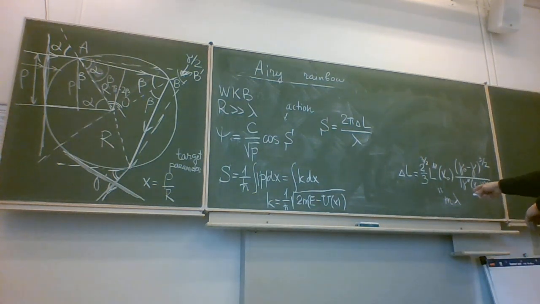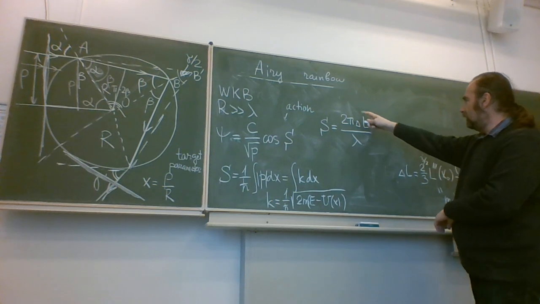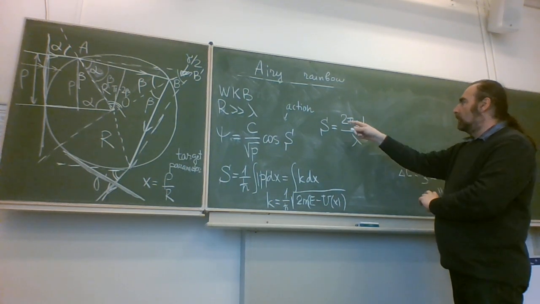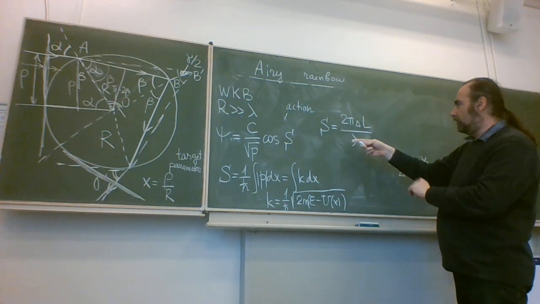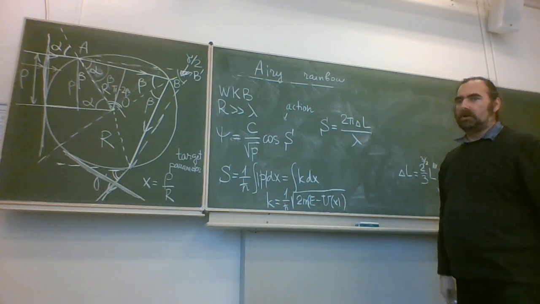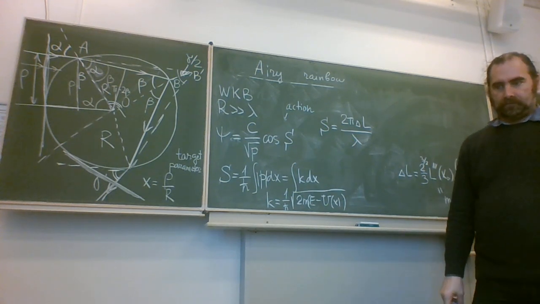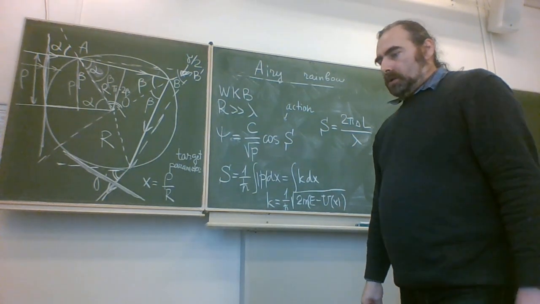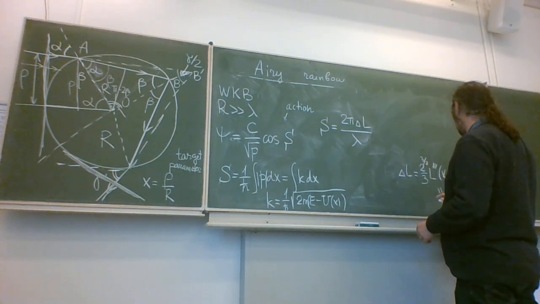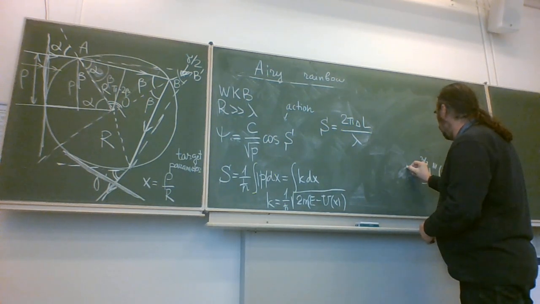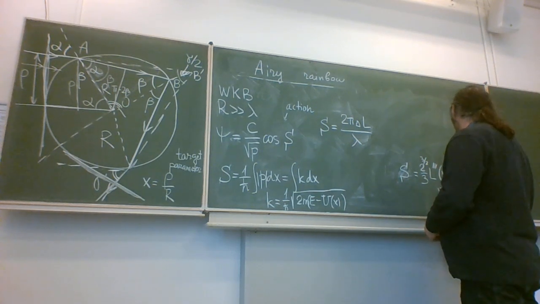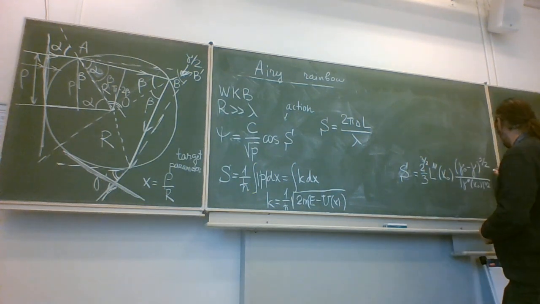And then we know that the zeros correspond to this delta L over lambda being an integer, so the cosine of 2 pi times an integer gives you 0. So that's our action. I can write it as S equals 2 pi times this divided by lambda.